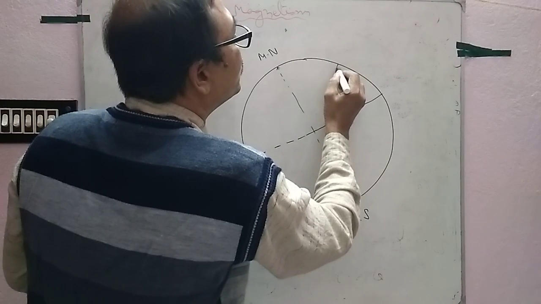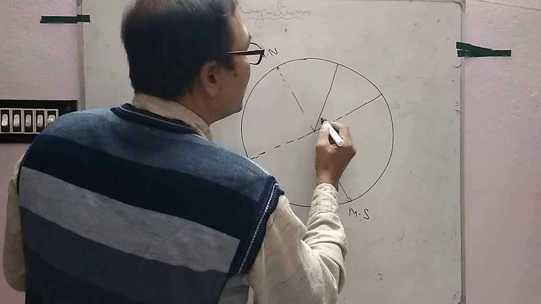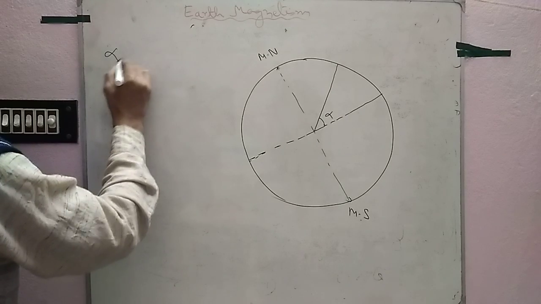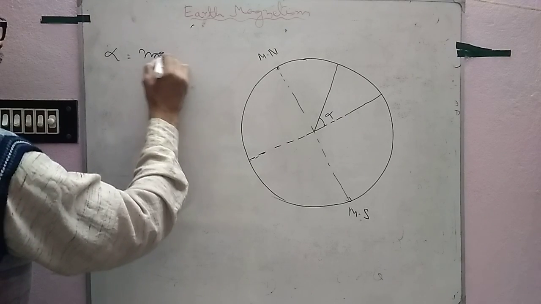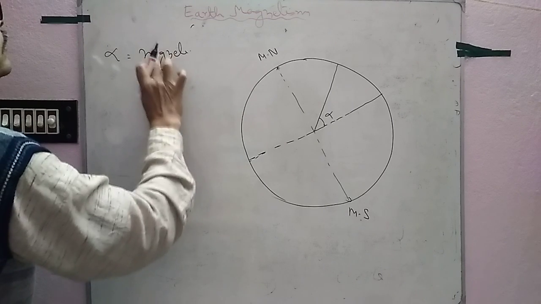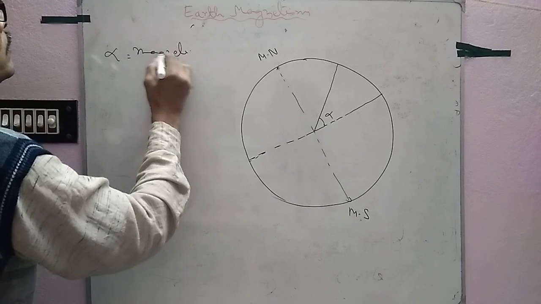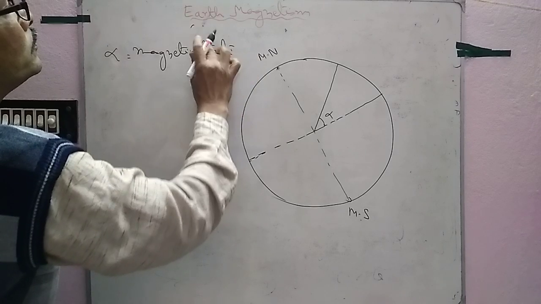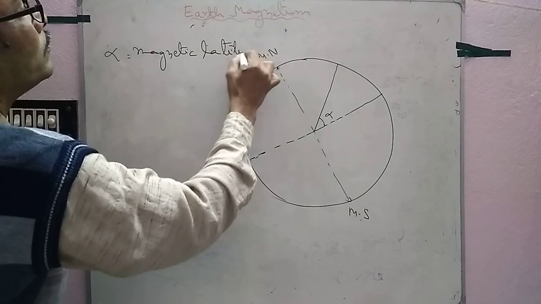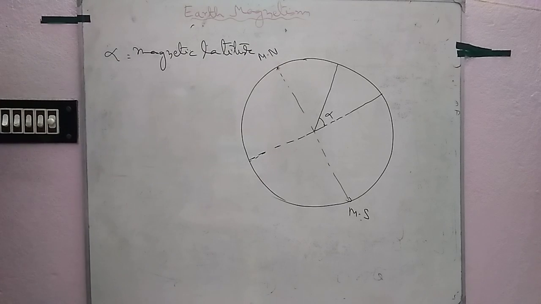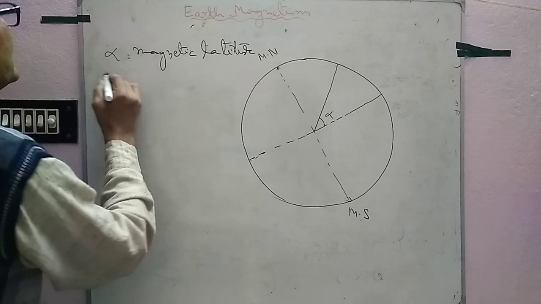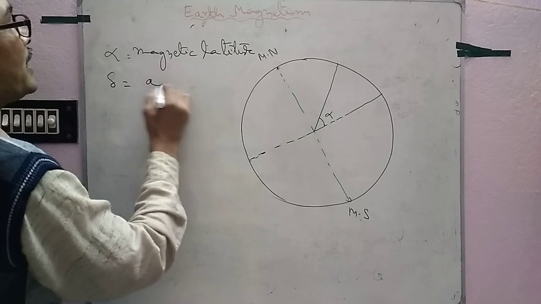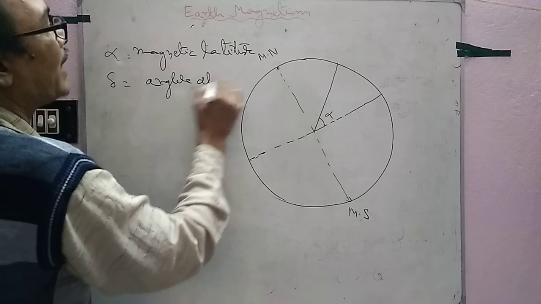At this place, suppose this is alpha. Alpha be the magnetic latitude, and sigma be the angle of inclination, or angle of dip.